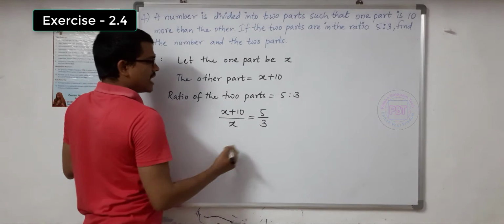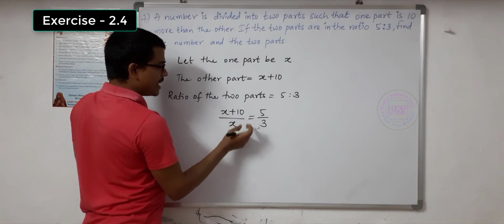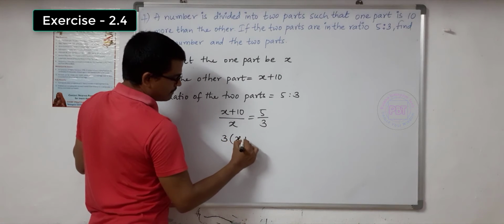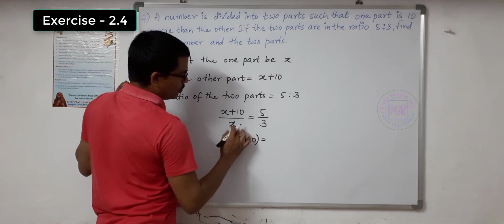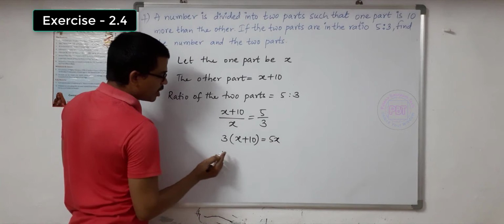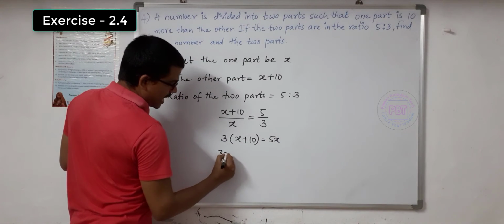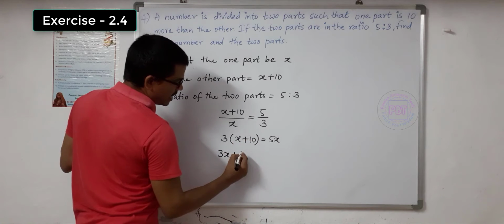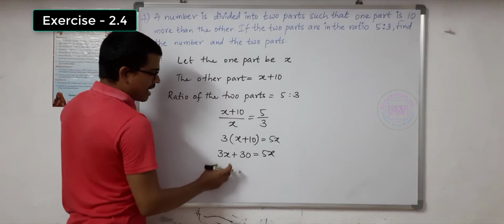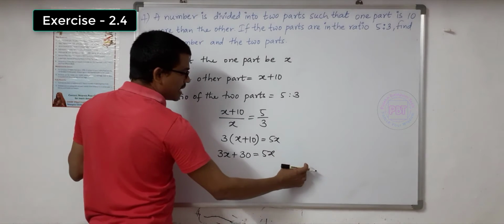Do the cross multiplication. 3 into this numerator, x into 5. So 3 into x plus 10 equal to 5 into x is 5x. Multiply 3 inside the bracket. 3 into x, 3x plus 3 into 10 is 30. That equal to 5x. I am transposing 3x to the right hand side.